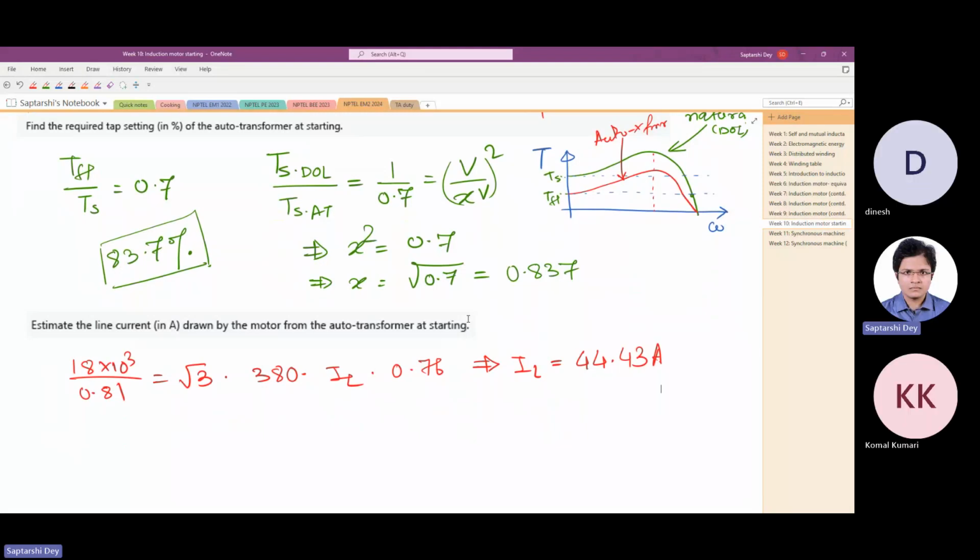It is 44.425. Okay, so this is the full load line current.